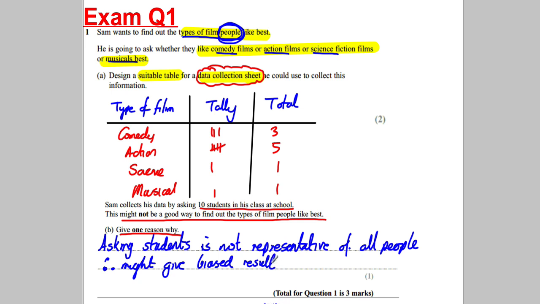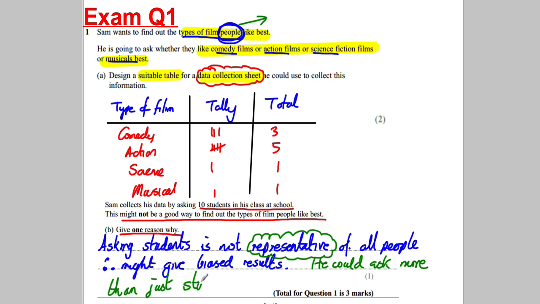So that's the key word in there, as we've mentioned before, is not representative of the population, because he wants to find out about people and he doesn't just want to find out about students. Maybe you could even write the phrase in here, he could ask more than just students. Okay, just to make that point clear.